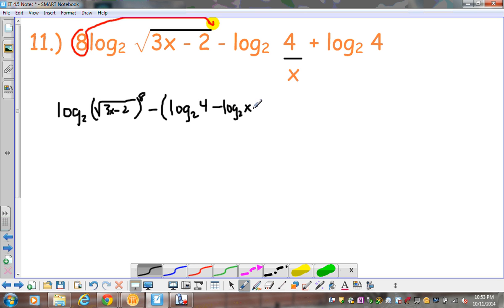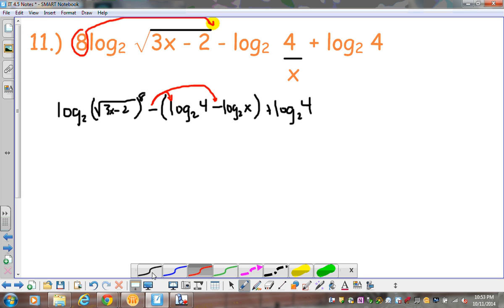You'll see why we do that in a few minutes. And then I've got my plus log base 2 of 4. So I moved my exponent up here, and I expanded this 4 over x a little bit. Now this negative is going to distribute to both pieces in there. So it'll be negative, and then negative times negative will be a positive.